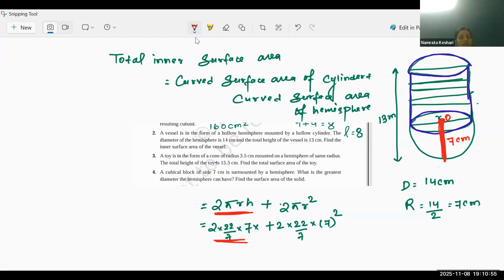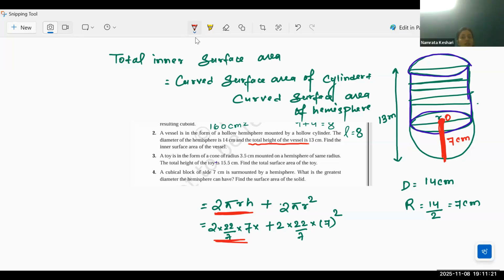The complete height is given as 13, but we don't have to take the complete height, because 2 pi rh is the formula for the curved surface area of the cylinder. You just need the cylinder's height. Here it is written the total height of the vessel, which is made up of a hemispherical shape with a cylinder on the top. The complete height is 13.